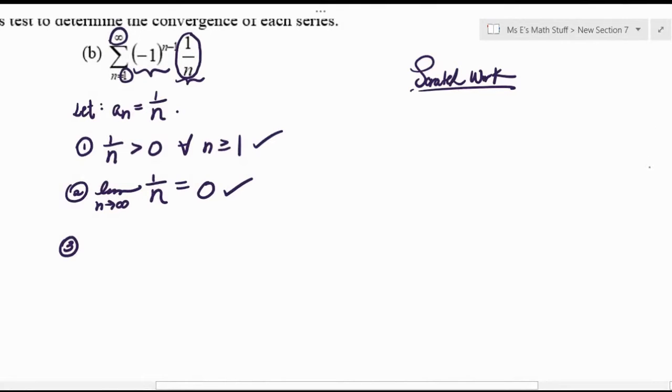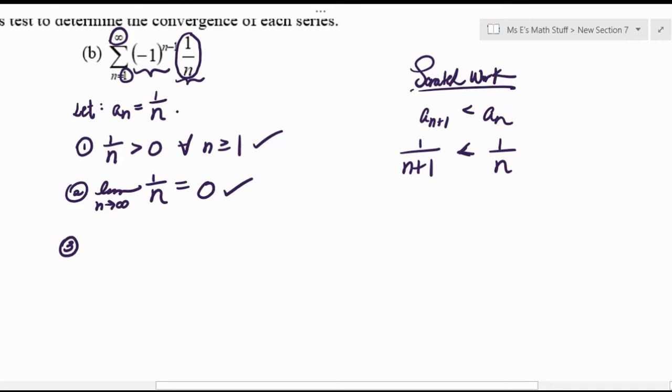Okay, so we basically need a sub n plus 1 to be less than a sub n if we're going to show that it's decreasing. And then if a sub n is defined as 1 over n, then what would a sub n plus 1 be? It would be 1 over n plus 1. Now, fun fact, if you have these two fractions and they're less than each other, then if you were to reciprocate both sides, it would reverse the direction of the inequality.